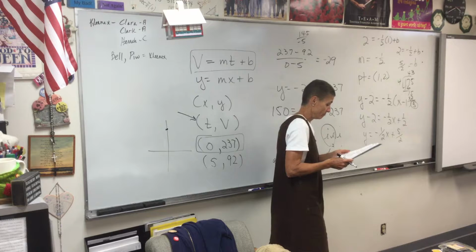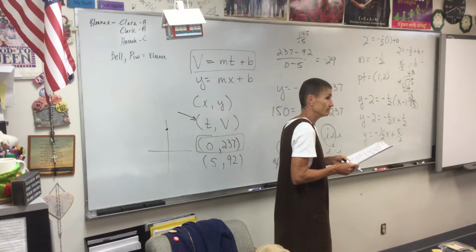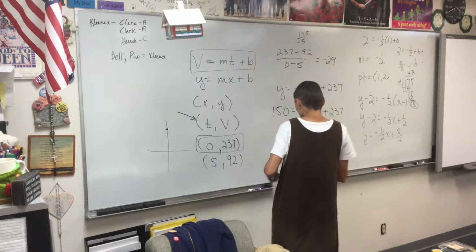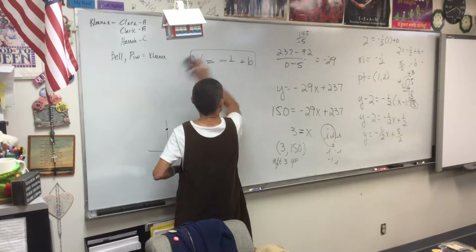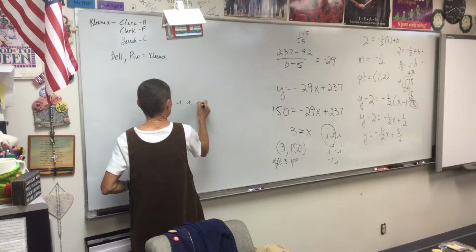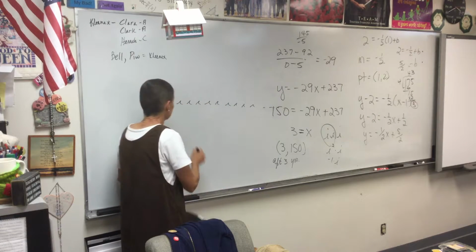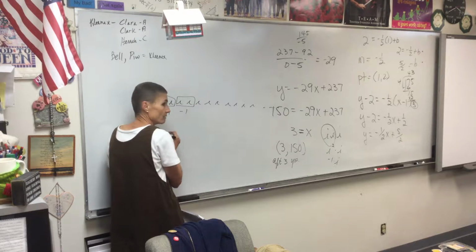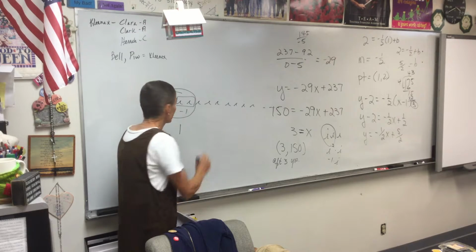Robbie? So the question says i raised to 175. How do you know that you divided by 4? Okay, because you always divide it by 4. Because i to the 175th is 175 i's. These 2 make a -1, these 2 make a -1, so these 4 make a +1.